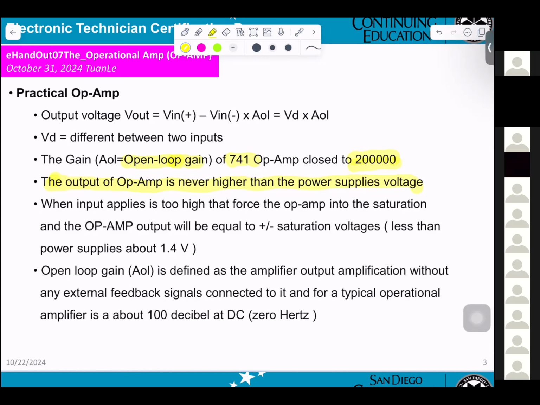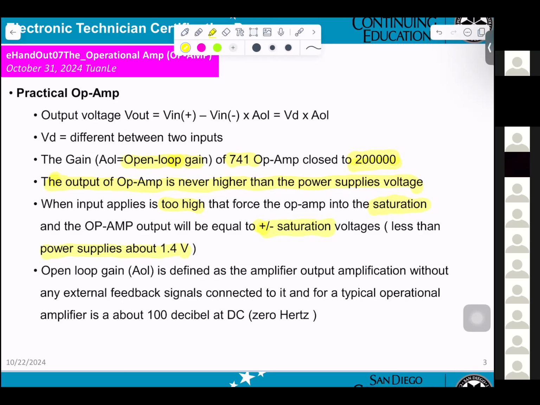When the input applied is too high, that forces the op amp into what we call saturation. Okay? And the op amp output will be equal to the load minus the saturation voltage, which will be less than the power supply by 1.4 volt. Okay?